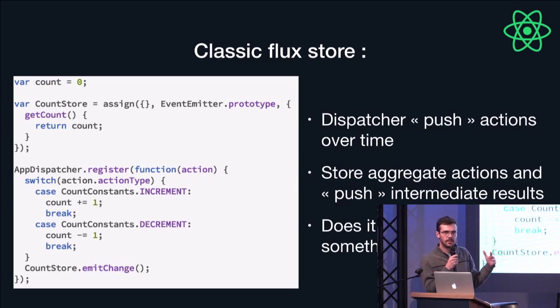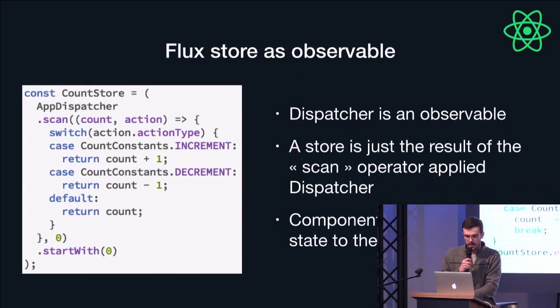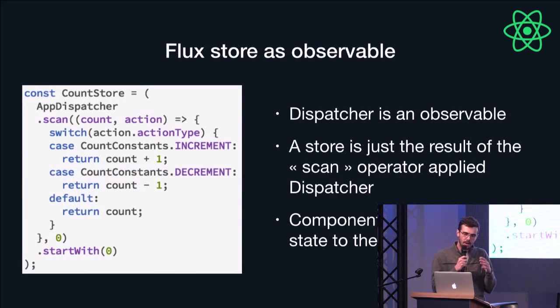But that looks a lot like what we have seen in the other sample that was bound to state in our component. And in fact, in a way, the app dispatcher and store are a lot like observables, and you can completely implement Flux just with Rx and nothing else.